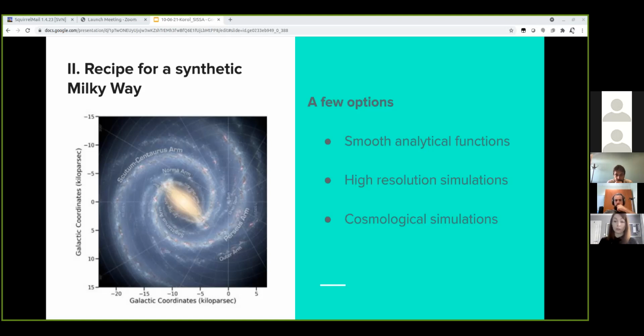You can go for high resolution hydrodynamic simulations, for instance, if we want to look at details like spiral arms or the bar. Or if we want to look at the big picture, we can use cosmological simulations.